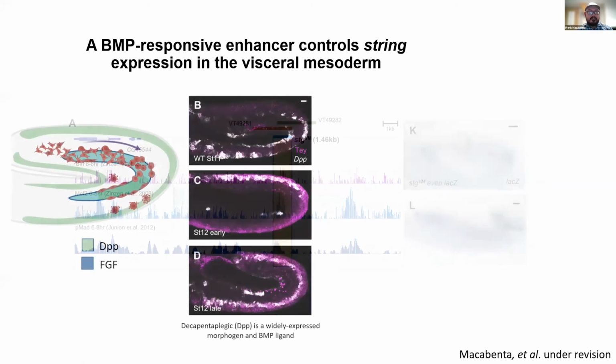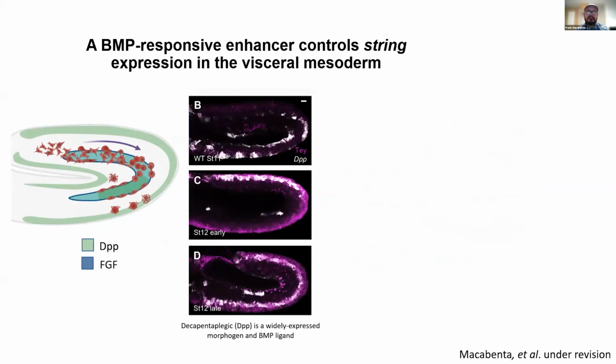And one of the first things I looked at is the expression of the BMP ligand decapentaplegic, or DPP, which is a very broadly expressed morphogen throughout Drosophila embryogenesis. And what you can see from these HCR stainings, in addition to TAE antibody signal, is that DPP is expressed in this bolus, parasegment 7 of the TVM, as well as in the ectoderm, as well as what would eventually become the cardiogenic lineage.